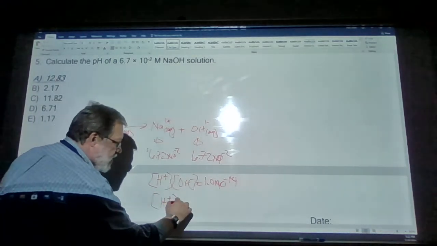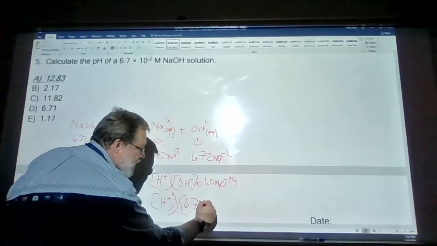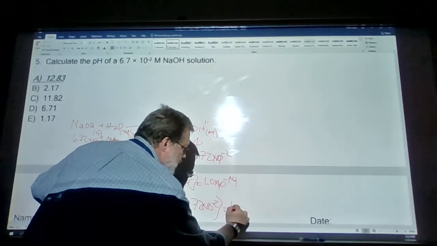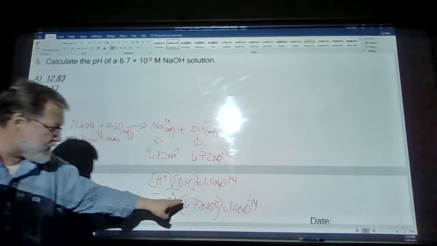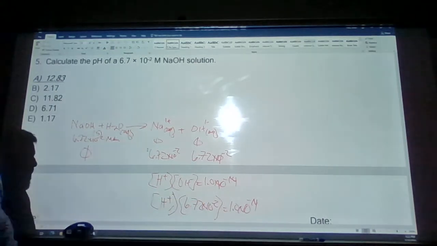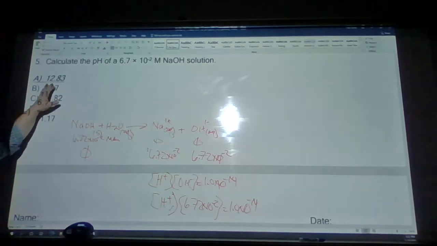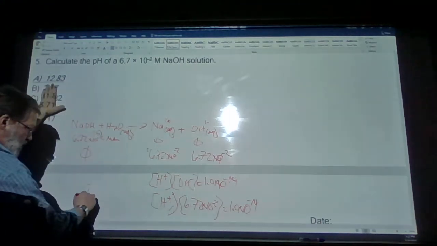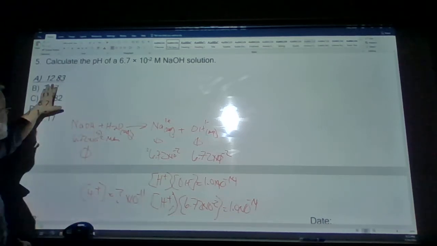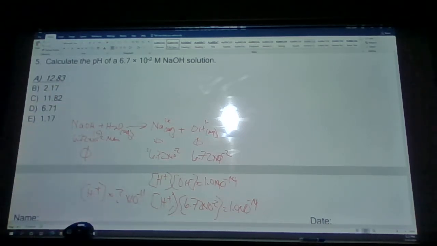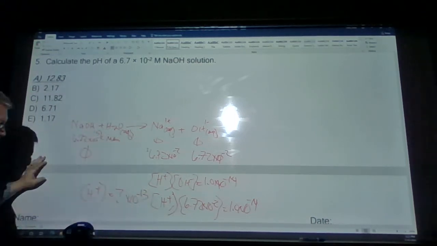H plus times 6.7 times 10 to the minus 2 is equal to 1.0 times 10 to the minus 14th. Solve for H plus, divide 1.0 times 10 to the minus 14th by 6.7 times 10 to the minus 2. H plus is something times 10 to the minus 13th.